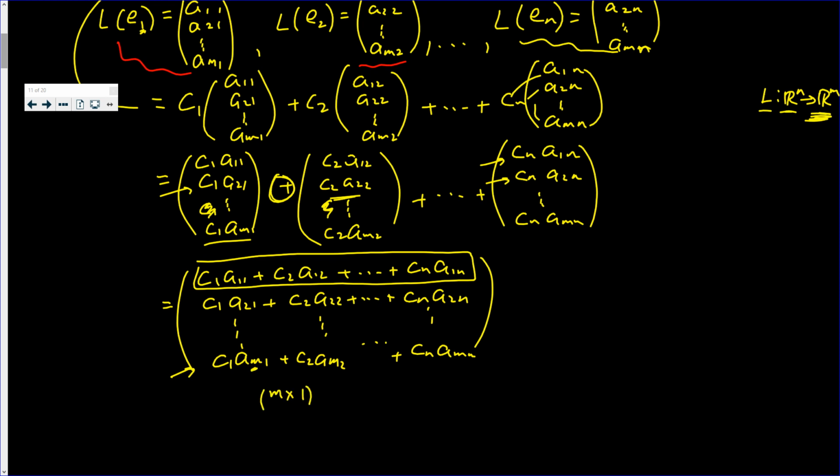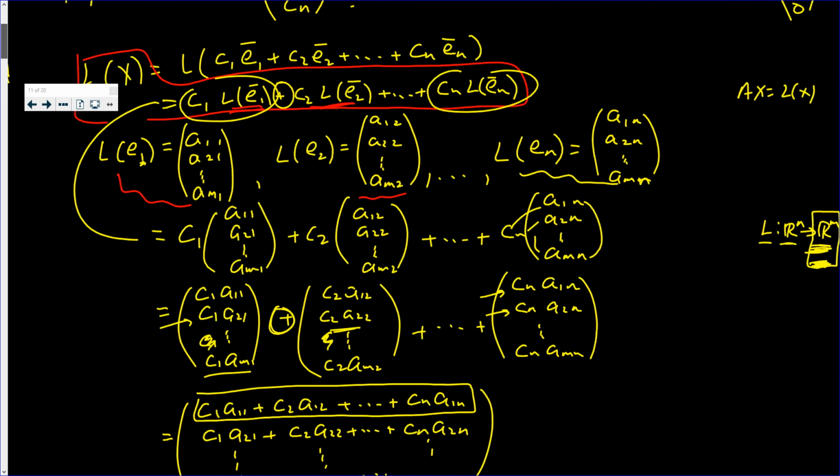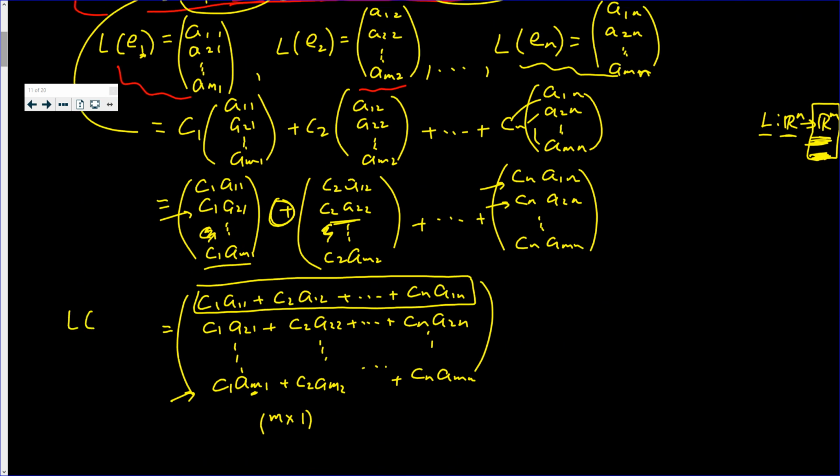This is m by 1, which is good because something in Rm is m by 1. So now what we have is that this is equal to L of x.